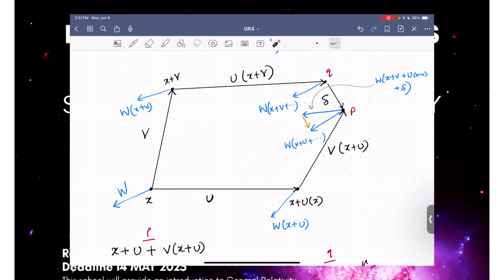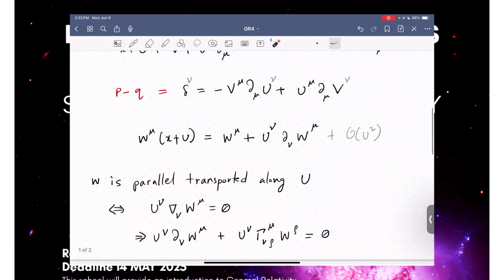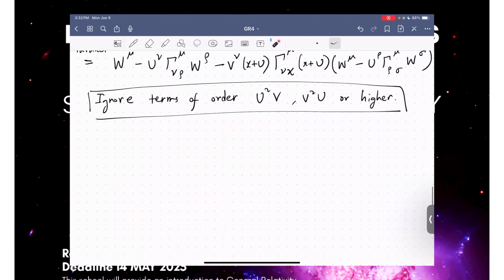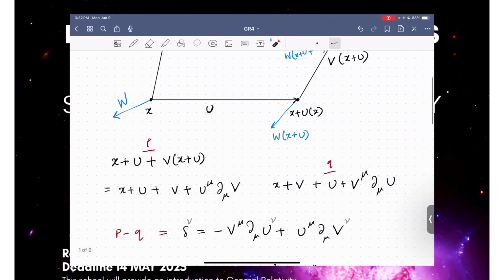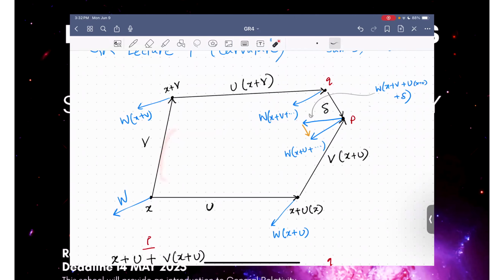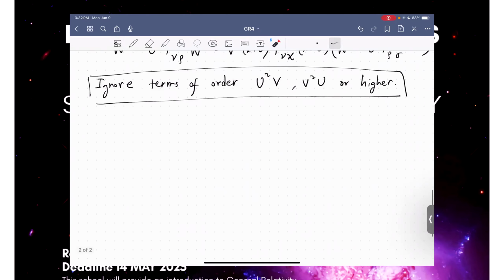And it's that leading order difference between the two transported vectors that we are interested in. Because at the end of the day, we are going to take the limit that this loop becomes basically of zero area. When this area essentially becomes zero, then we find some expression that's truly local. So we only need the leading non-zero behavior.